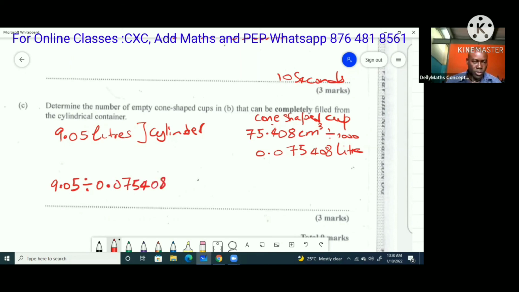Let's see how many cups we could get out of that. We get 120. So 120 of these cone-shaped cups could be filled from this cylinder.